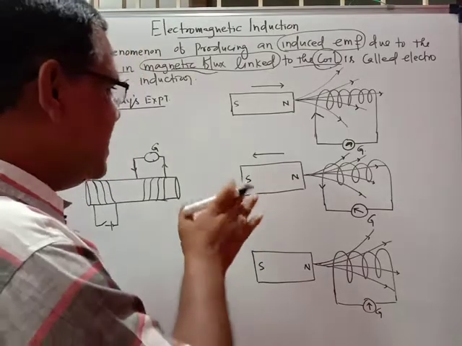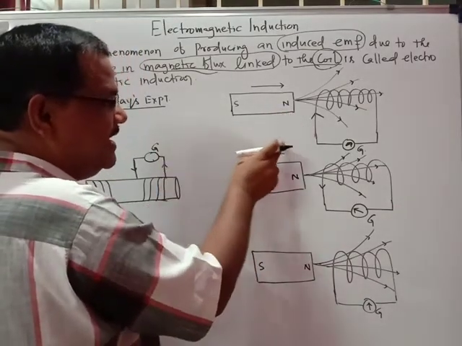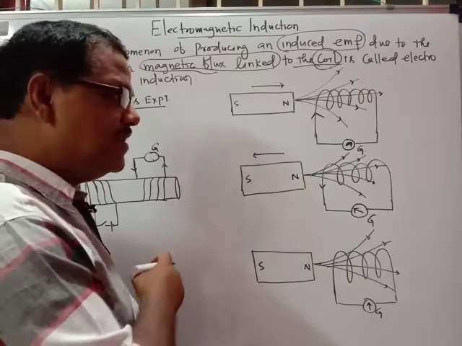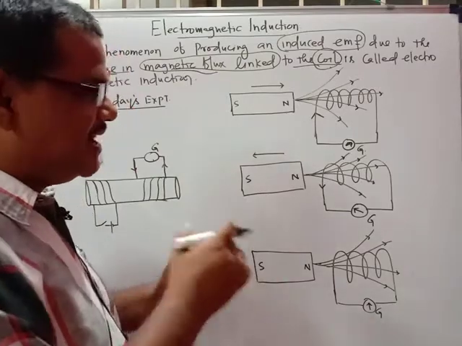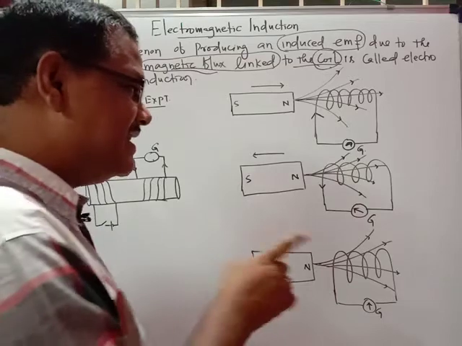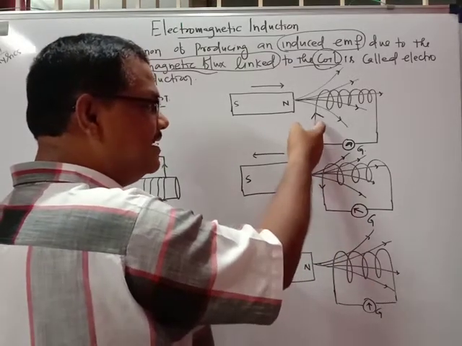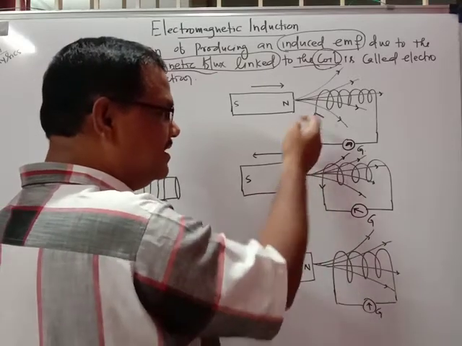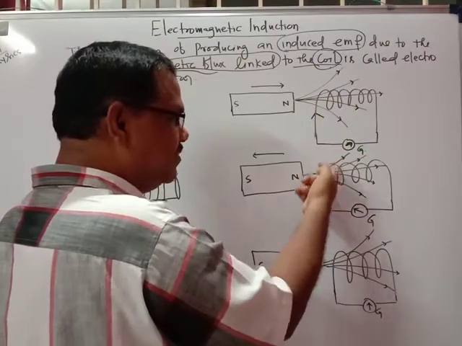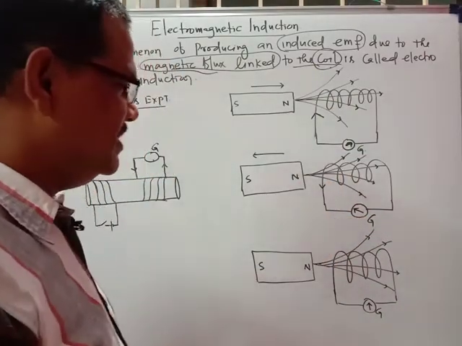In the other case, if the north pole of the magnet is suddenly taken away, what happens? In that case also magnetic flux is linked to the coil, but there is a decrease in magnetic flux linked to the coil. At that instant we get current in the coil. The direction of the current will be different from the above one. Here the current was moving along this way, and now it moves along this direction, and the deflection of the galvanometer will also be in the opposite direction.